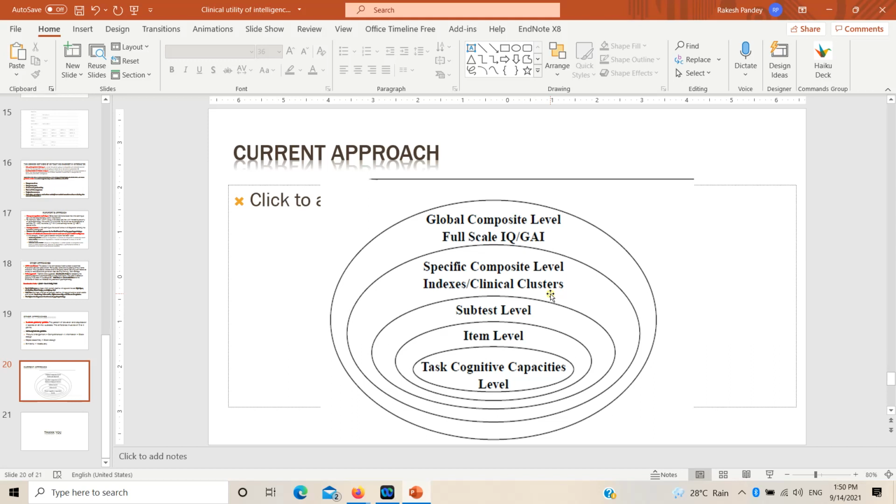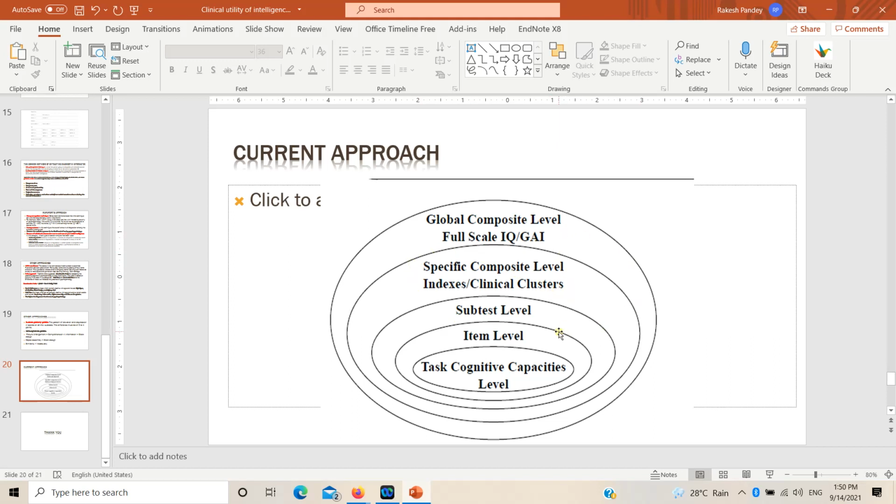If the opposite is the pattern, say one has very poor performance IQ, below 70, but the verbal IQ is 100 or 101, then it is likely that he has right hemisphere damage. So this is the second level.